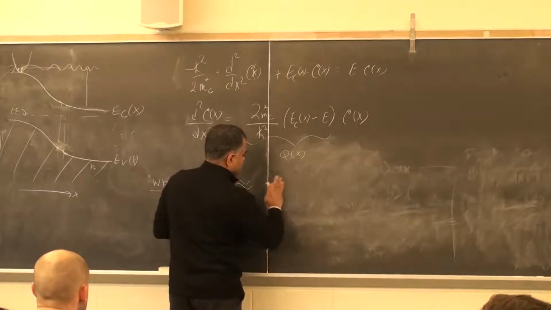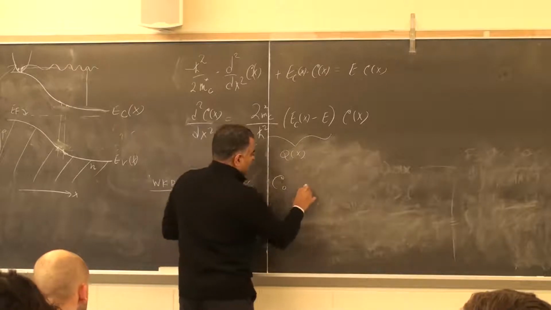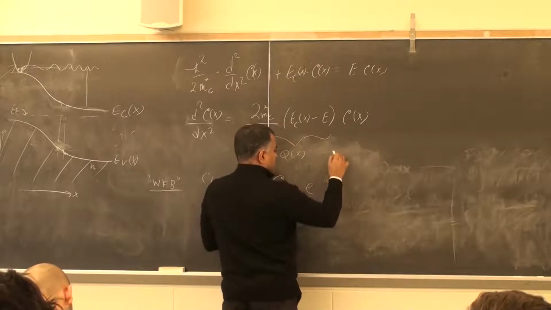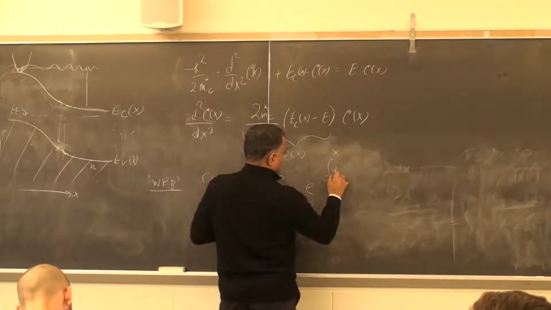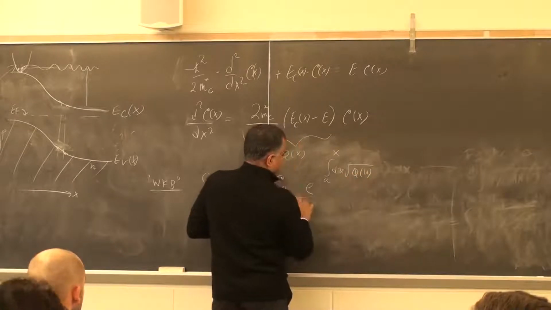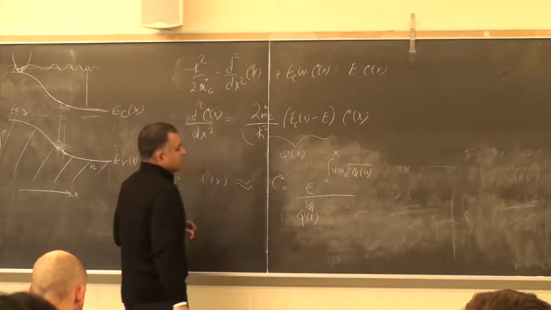It's some constant, let's write maybe some constant C naught times e to the power, any point you want to start from. Okay, so this is kind of the solution.